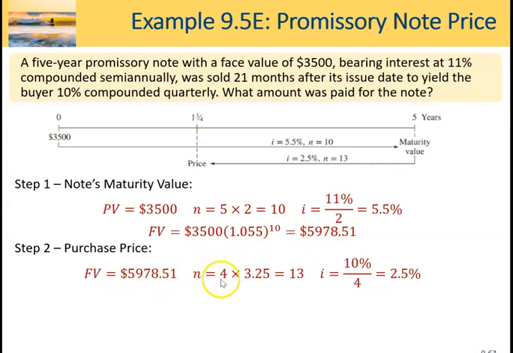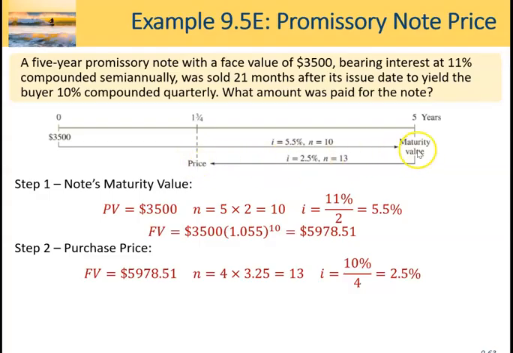We're going to figure out what our N is, and it's compounded quarterly, right? So it was sold 21 months after its issue date to yield the buyer 10% compounded quarterly. So that's your new rate. So we're going to do 4, which is your compounded quarterly, and it's going to be 3.25 years because we're already at the 1 3/4 year mark.